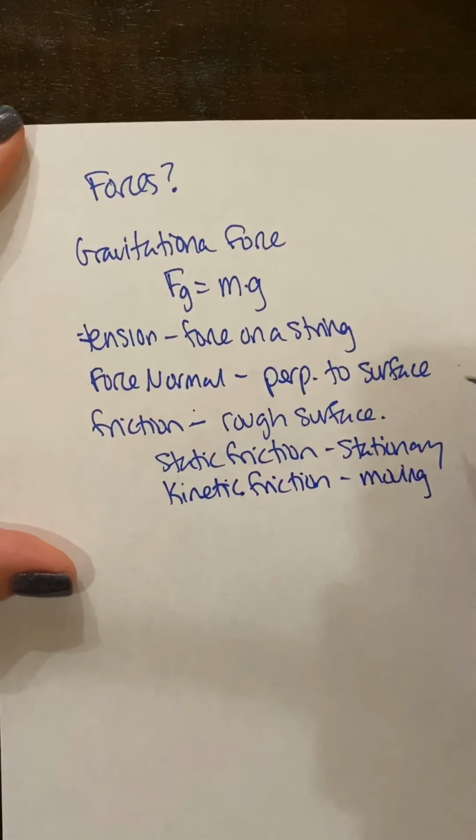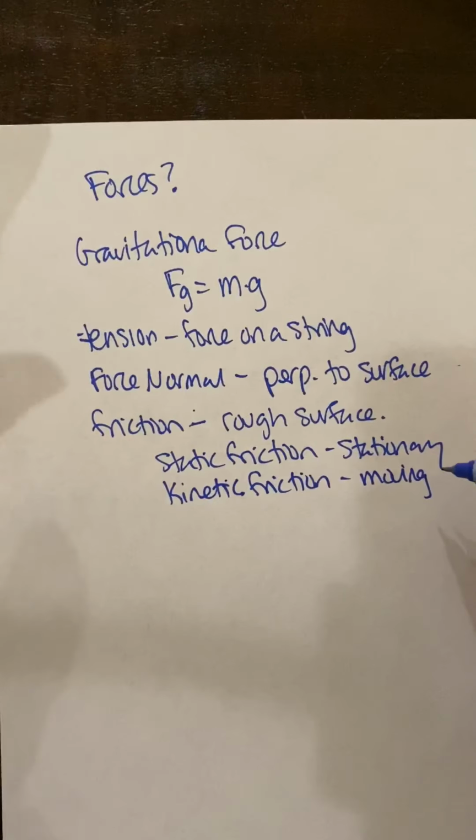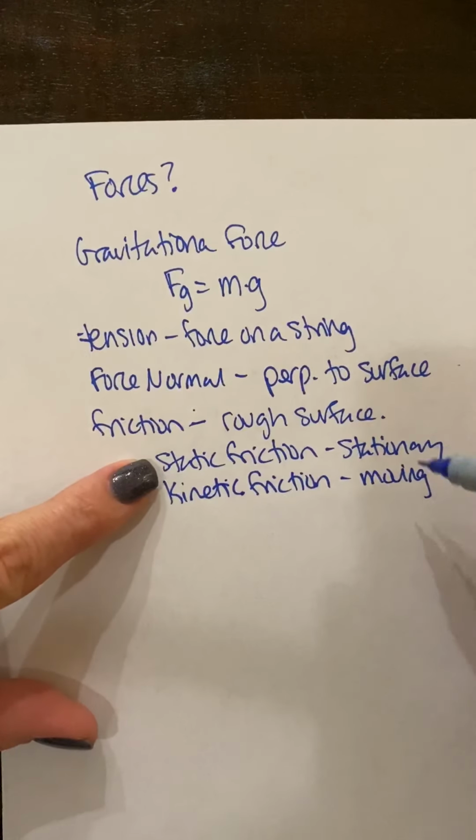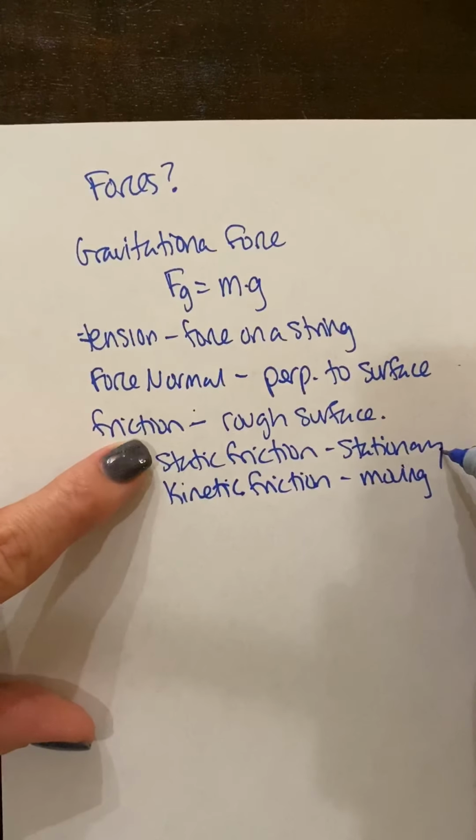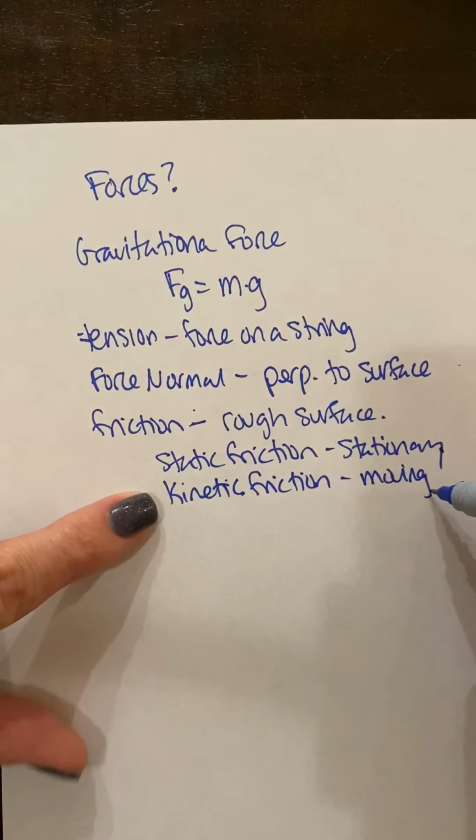We will do more with the difference between the two later this week, but you either are at rest or you are moving. So if you are at rest, you have static friction. If you are moving, you have kinetic friction.